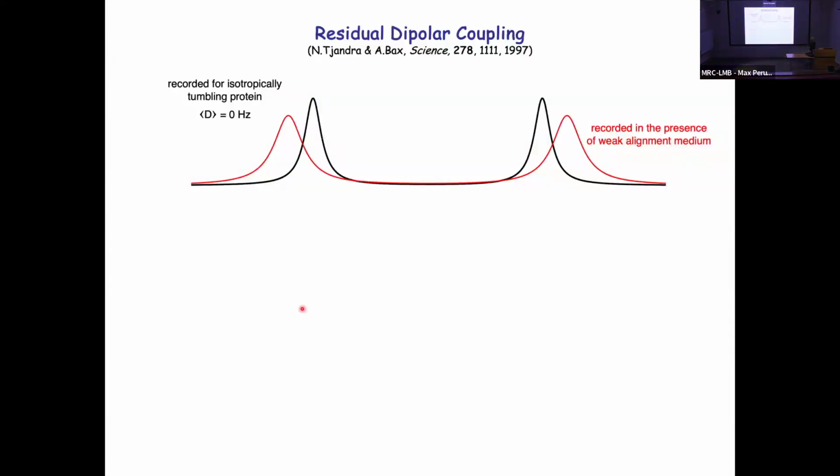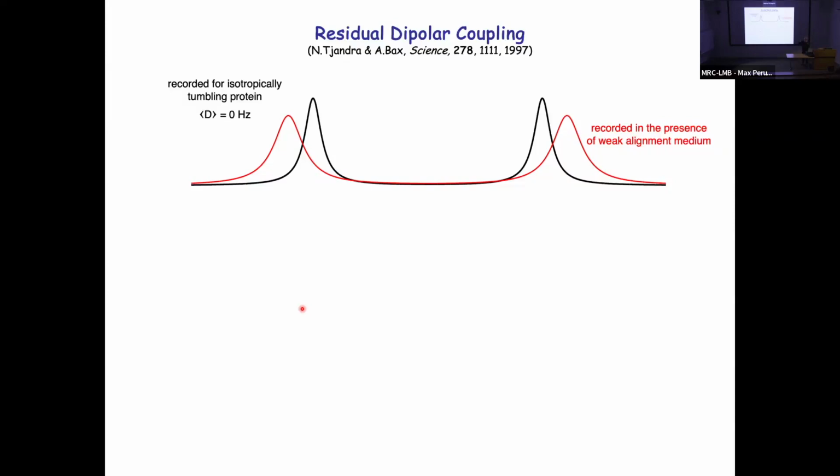The residual dipolar coupling, these dipolar couplings, they're kilohertz big. But if we could just reintroduce, instead of isotropic tumbling where we get no splitting term for the dipolar coupling, just a little bit of preferred orientation, then we can recover some of this kilohertz worth of dipolar couplings.